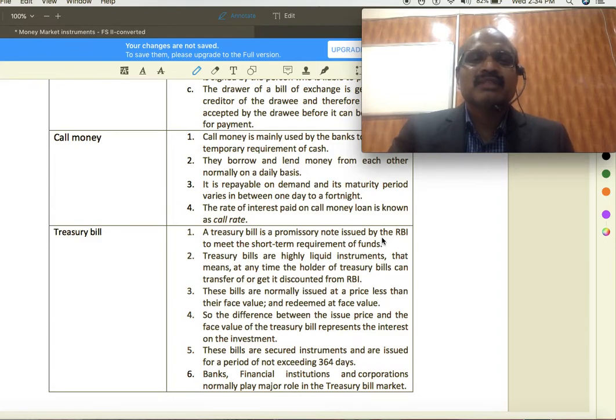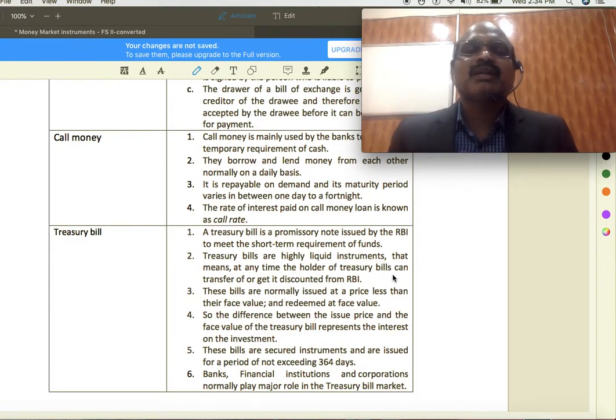This is a bill which is issued to a person who lends money to government for short-term requirements. Whenever state government or central government borrows money, who will borrow on behalf of state and central government? That is Reserve Bank of India. So you cannot sell treasury bills of central or state government unless you take the help of Reserve Bank of India. Reserve Bank of India is the main source through which these bills are sold for a short term, normally 91 days.